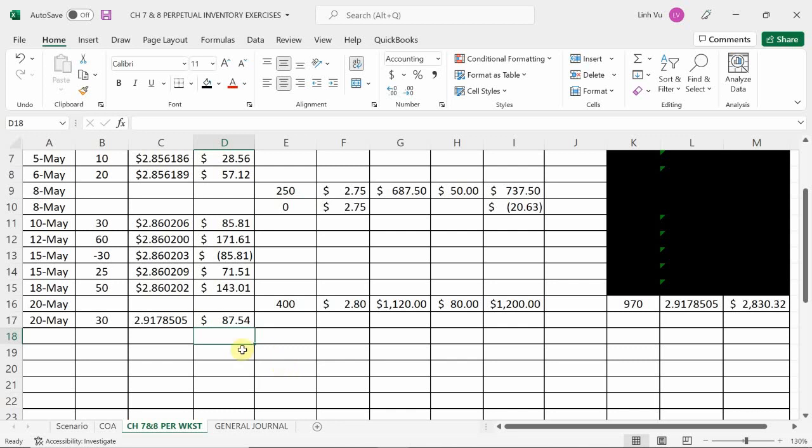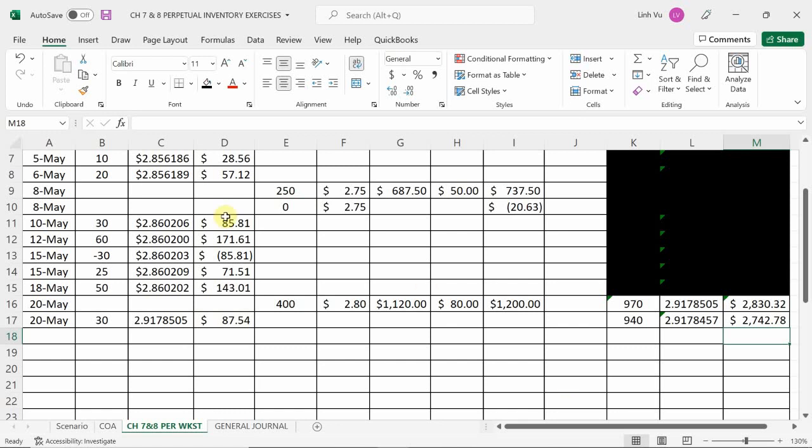So in this case, $87.54. I need to adjust my inventory because I sold 30 units, so I'm down to $940. I also need to adjust my total cost because I just sold $87.54, so I should have a remainder of $2,742.78.